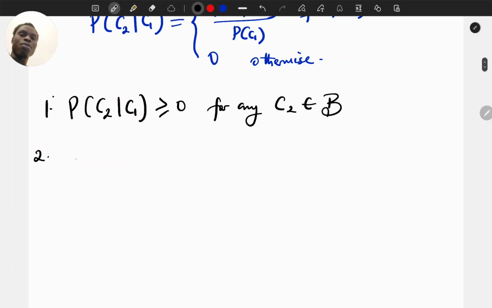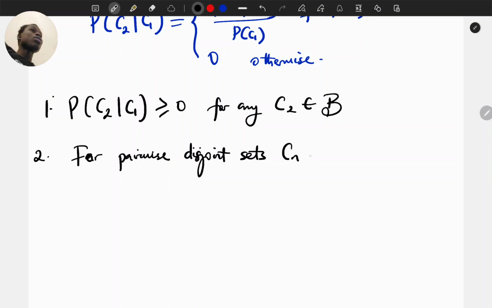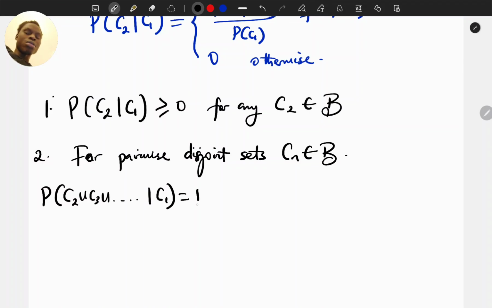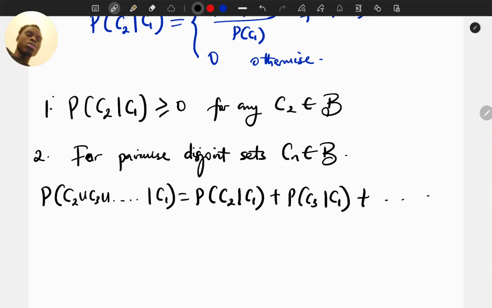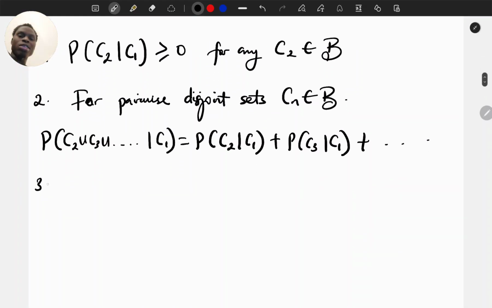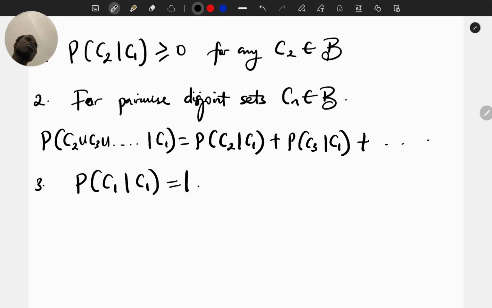For pairwise disjoint sets C_n in our sigma field, the probability of C2 union C3 union ... given C1 is equal to the probability of C2 given C1 plus the probability of C3 given C1 plus ... Then the probability of C1 given C1 is equal to 1. So you can verify all these basic theorems on conditional probability.